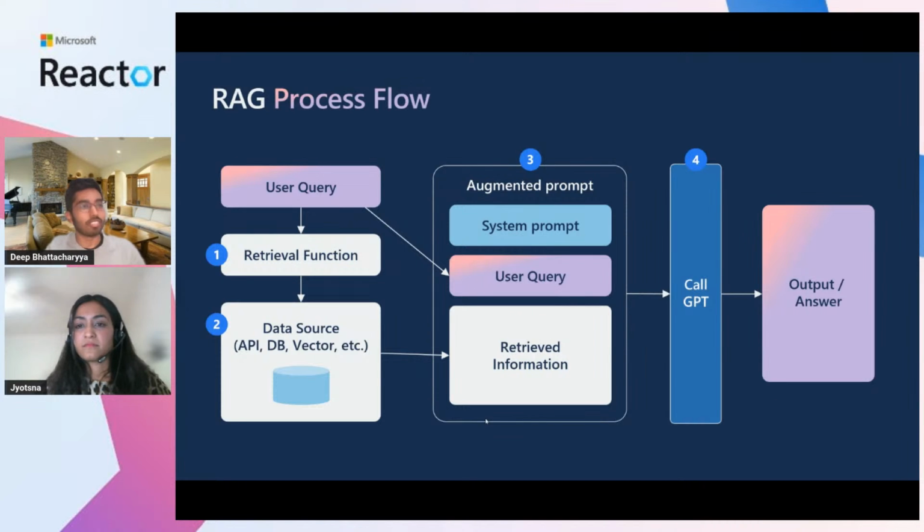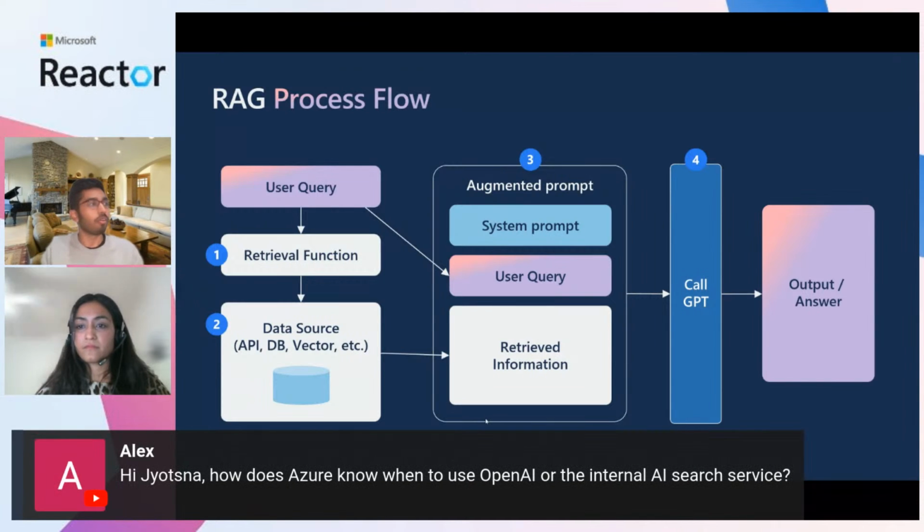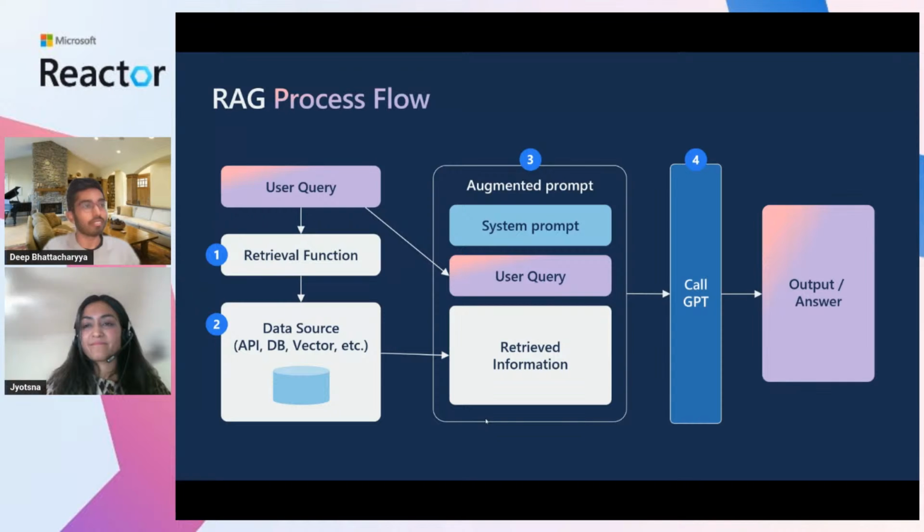So while you were talking, Jyotsna, someone in the audience mentioned around how does Azure know when to use OpenAI or the internal Azure AI search service. I'm happy to give this, maybe I'll start off and then Jyotsna, you can add to what I say as well. So with the OpenAI service and the AI search service, they form different components of this RAG model.